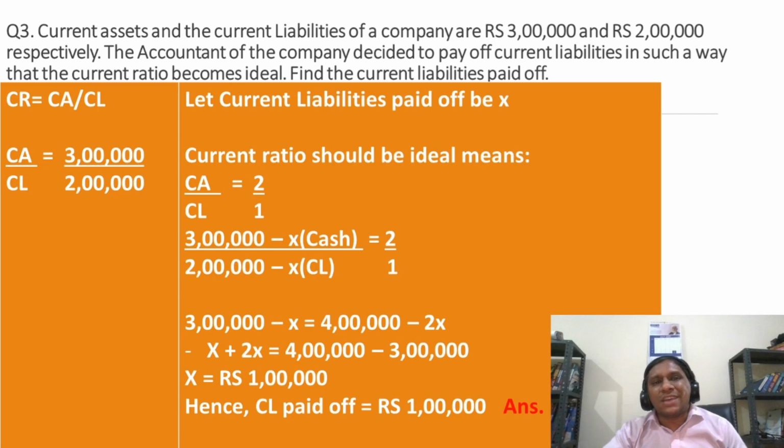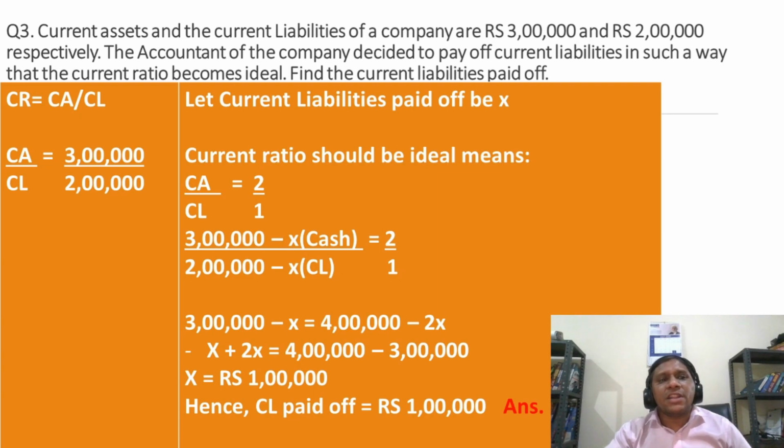Now, again the question is, what is the ideal current ratio? That we have already discussed, 2:1. Now we need to find the current liabilities paid off. How much current liabilities are paid off by the accountant or the firm? So now we need to compute it.